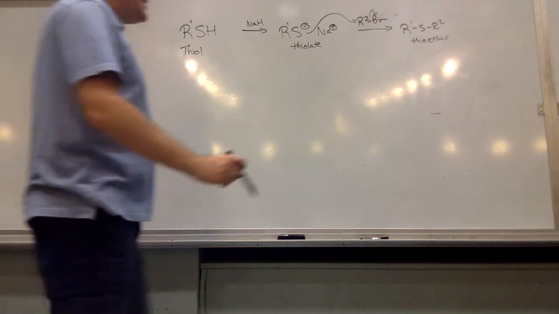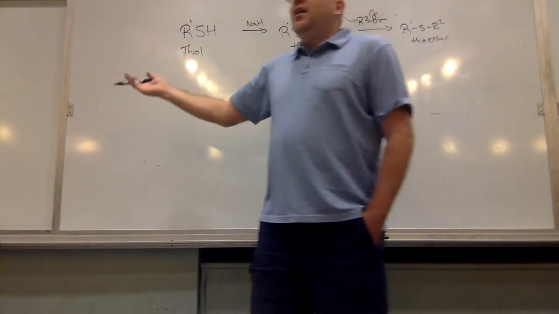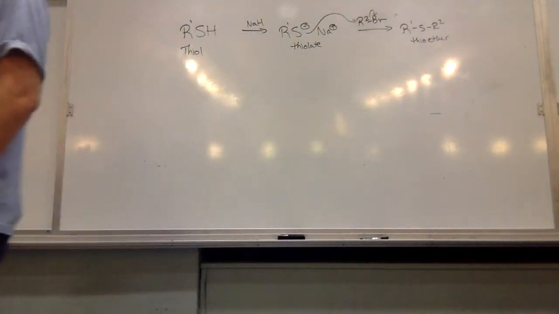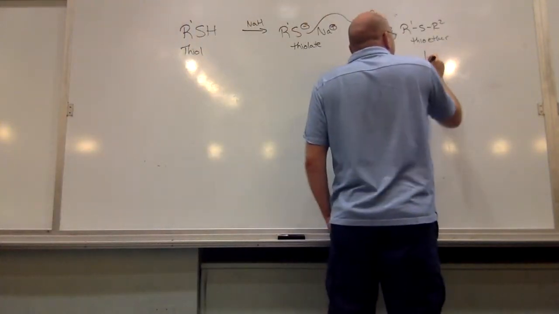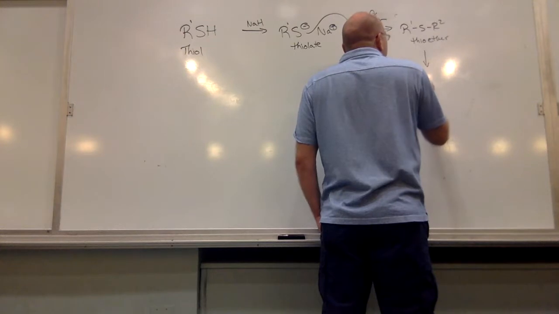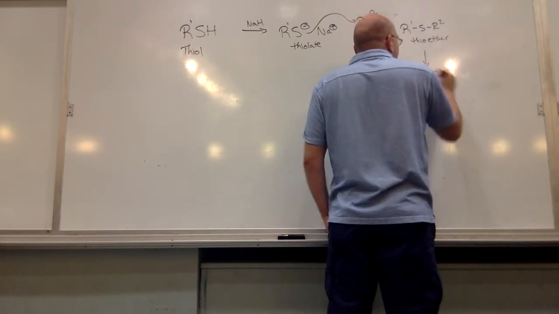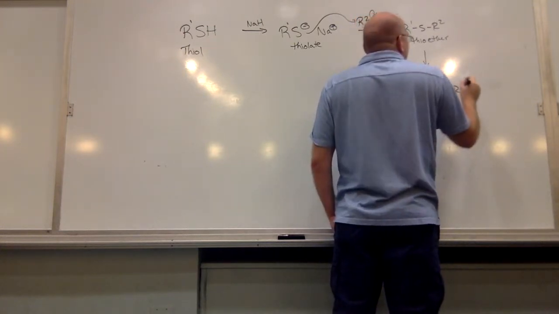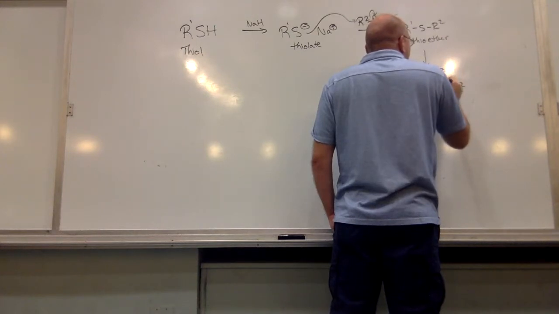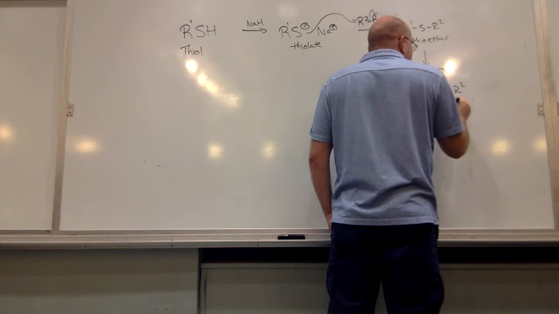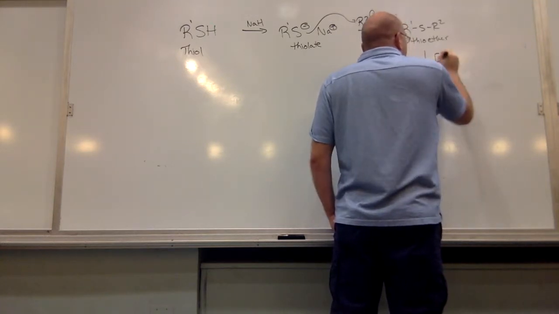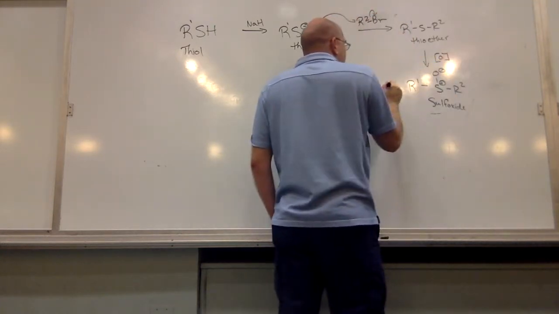So what that means is that if you were to take an epoxide and treat it with an oxidant, nothing's going to happen. If you were to treat sulfur with an oxidant, you can get to sulfoxides if you oxidize once, right?